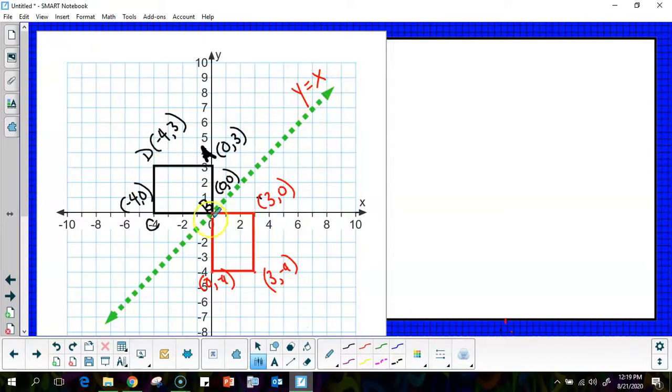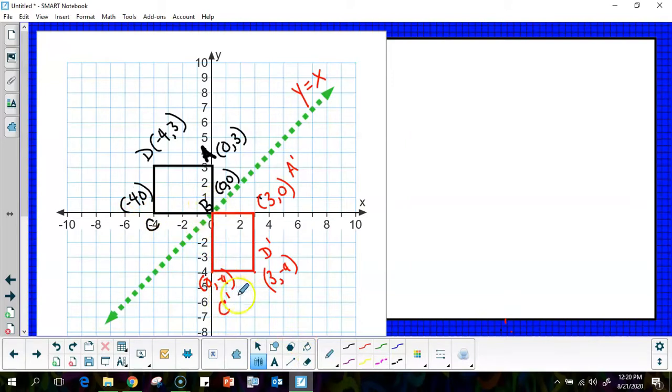So I did this black rectangle, and then I flipped it across the y equals x line. I wanted to look at the coordinates of the ordered pairs and see what changed about them. If A is 0, 3, A prime is 3, 0. Where D is negative 4, 3, D prime is 3, negative 4, and so on. So negative 4, 0 becomes 0, negative 4.